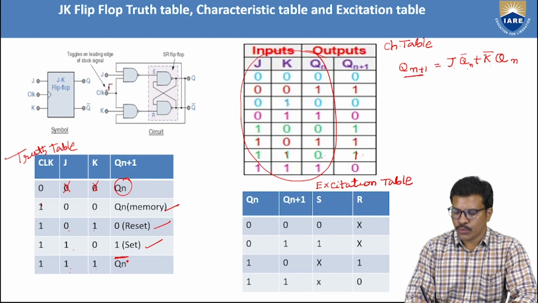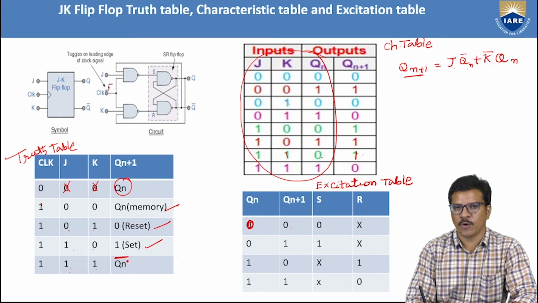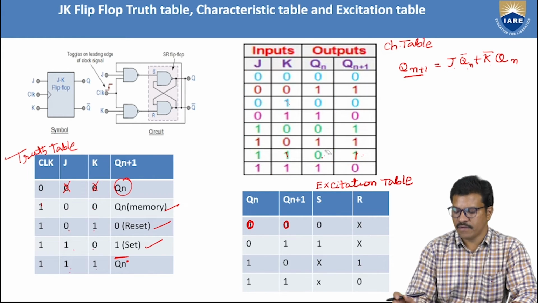To prepare the excitation table, we know that we can have present state and next state values, for example Qn and Qn plus 1. Qn 0 and Qn plus 1 0: at what combinations of J and K will we get this 0 0?